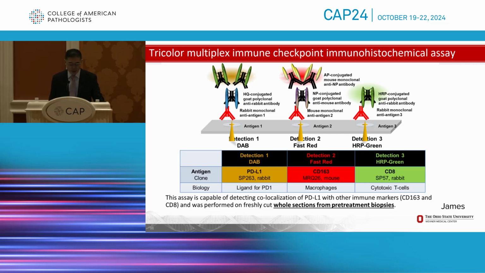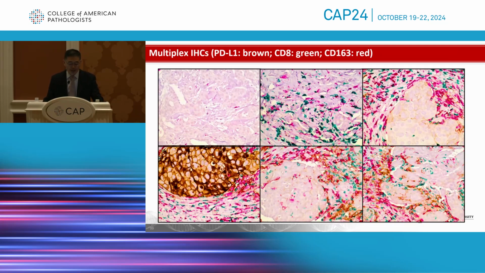So that's why we chose these three. Some representative images are shown here. The PD-L1 is the brown color, as shown here, and the red color is CD163, highlighting those macrophages infiltrating around the tumor or within the tumor area. Then the green color is CD8, highlighting those cytotoxic T cells around. This is a peritumoral area and also an intratumoral area.